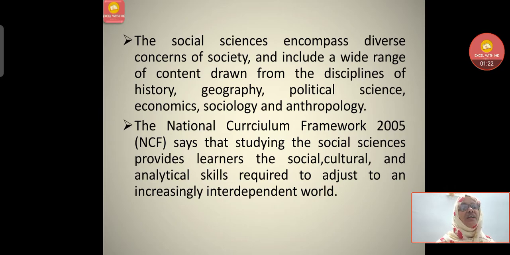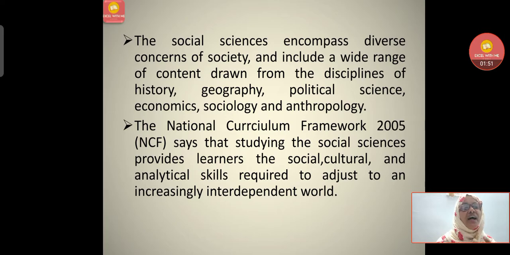The National Curriculum Framework 2005, that is NCF, says that studying the social sciences provides learners the social, cultural and analytical skills required to adjust to an increasingly interdependent world. That means in the past classes we have understood what is the need of teaching social sciences to the learners, that is students. Why?